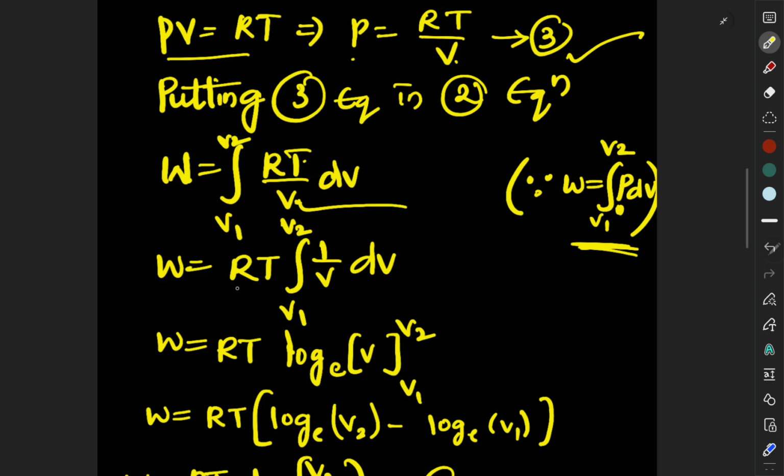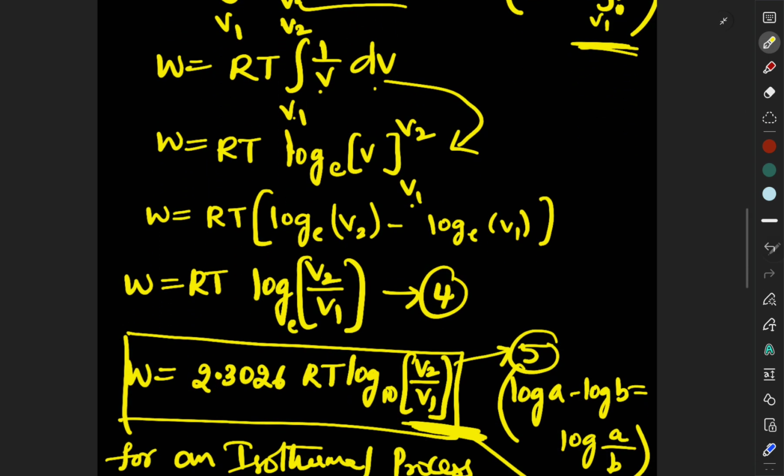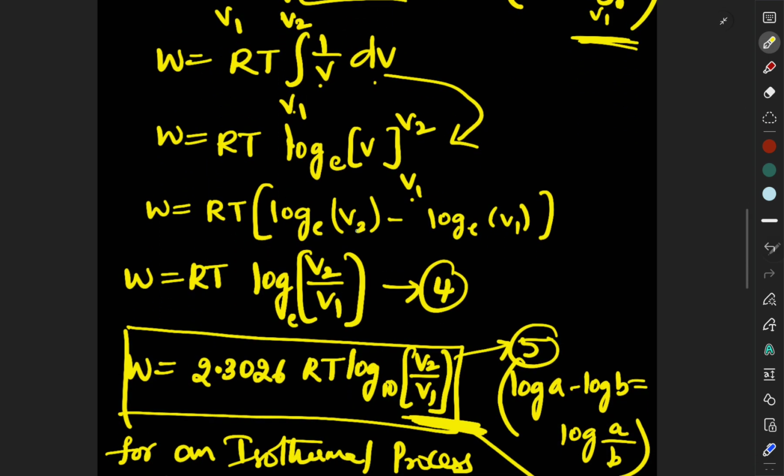RT is constant, so we are taking it out. V1 to V2 integration of 1 by V dV. When we integrate this, we get logarithm of base e V, and putting the limits V1 and V2, W is equal to RT log V2 minus log V1.